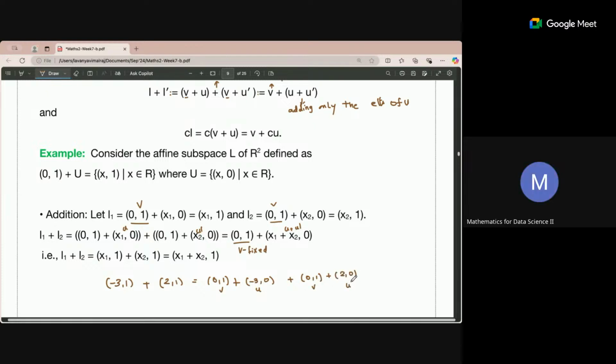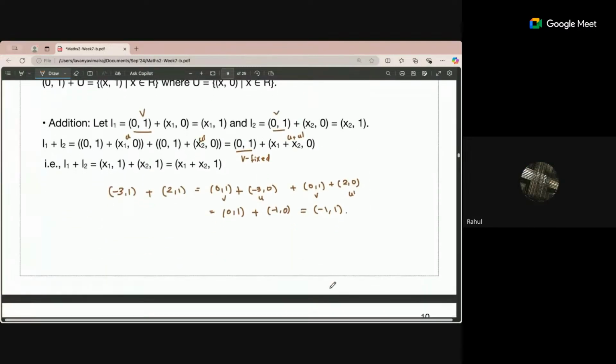This is U dash. So now you know that this is V plus U dash. So what is your V? (0, 1). And then U plus U dash is (-1, 0). So the final answer is (-1, 1). Do you understand how we are doing this affine addition? It may look very different, but I hope you understand.